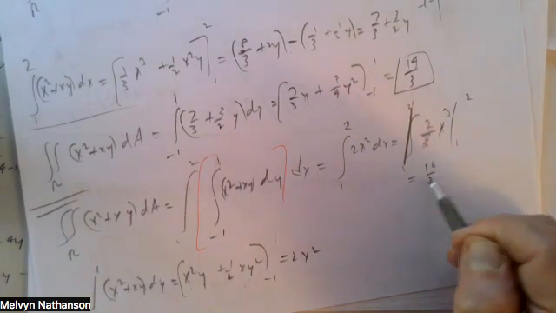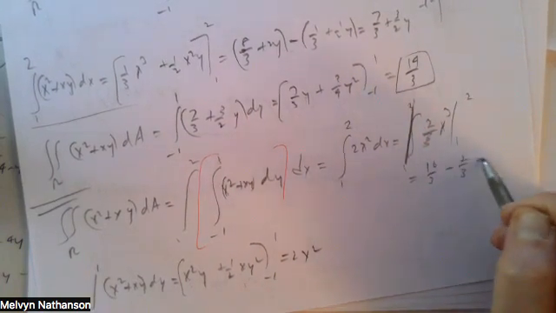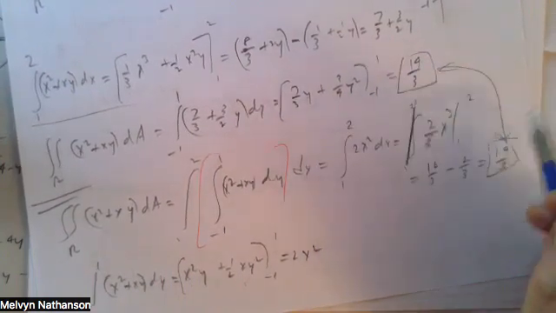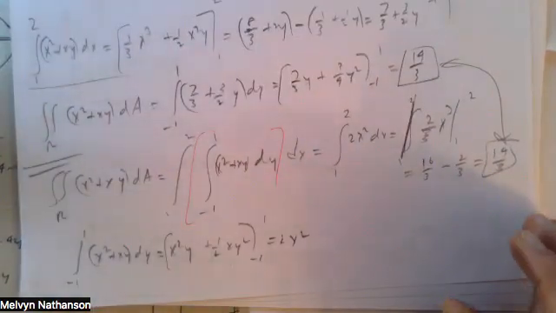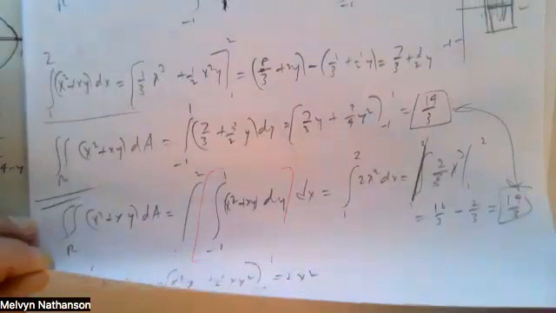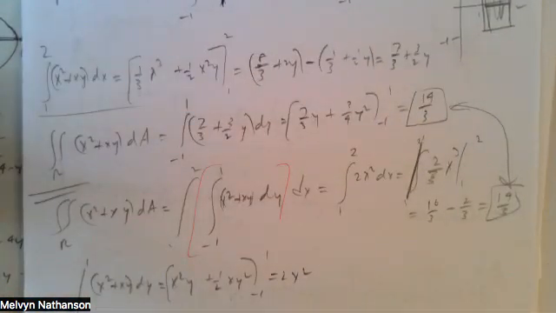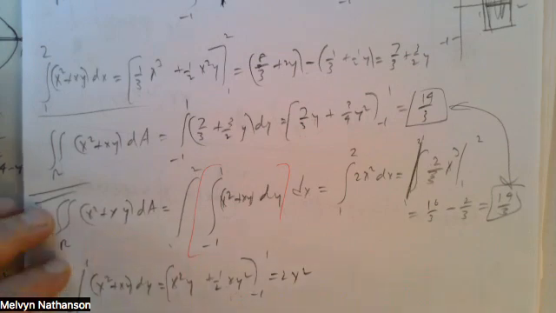This is 16/3 minus 2/3 is 14/3. So it's nice to see that I got the same result doing the problem in two different ways. And that's good. Questions about that?